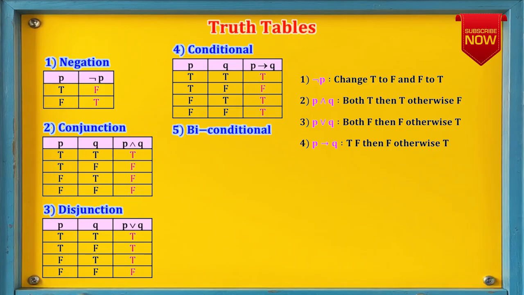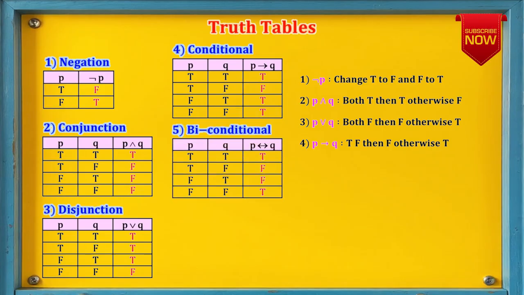Next, fifth, biconditional. Here also we have two statements, P, Q and four possibilities, TT, TF, FT, FF. The biconditional is denoted like this, P if and only if Q. Double side arrow mark, we say that if and only if. Here the condition is if both are same, then the answer is true. Otherwise, false.